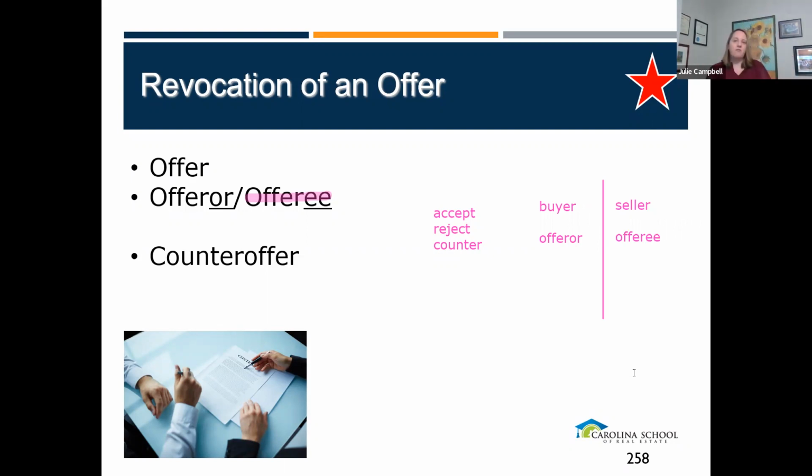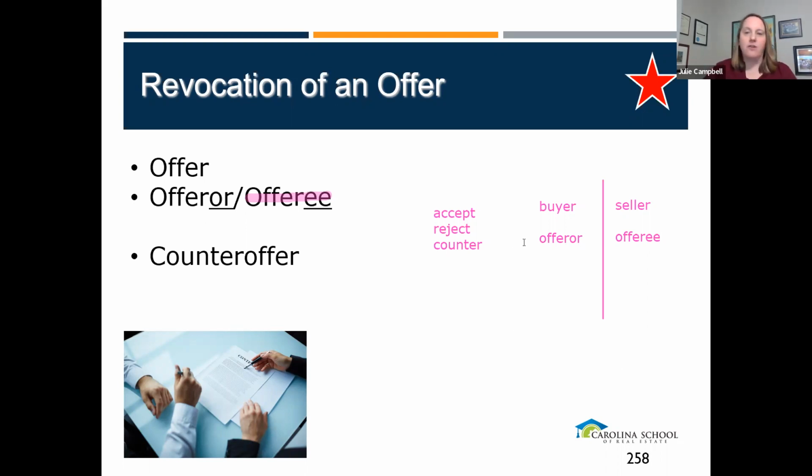So the buyer's the offeror, they make the offer to the seller, the offeree. Everybody with me so far? The giver and the receivee. The seller now has three choices. They can either accept it and agree to all the terms exactly the way they are, they can reject it, which means it's dead on the table, or they can counter it.